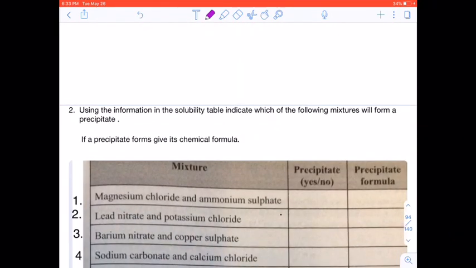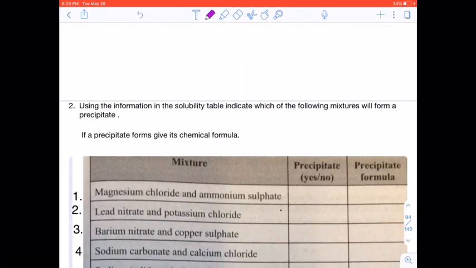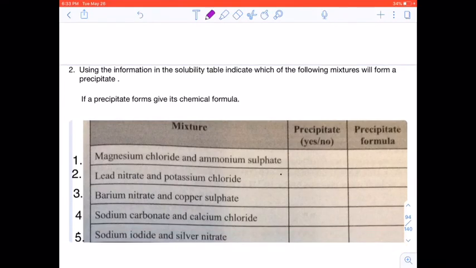Let's go to the next one. Using the solubility information, indicate whether the following mixtures will form a precipitate or not. Okay, will it form a precipitate here?